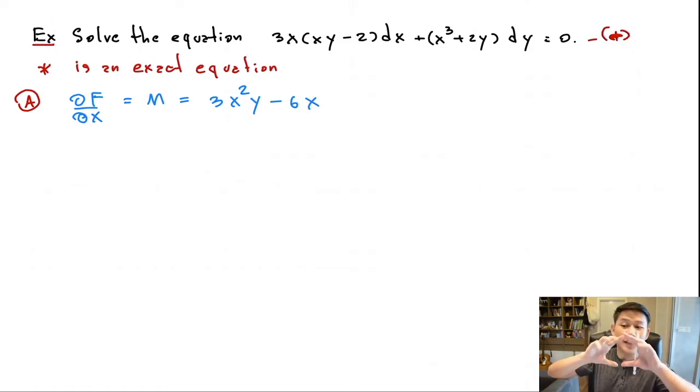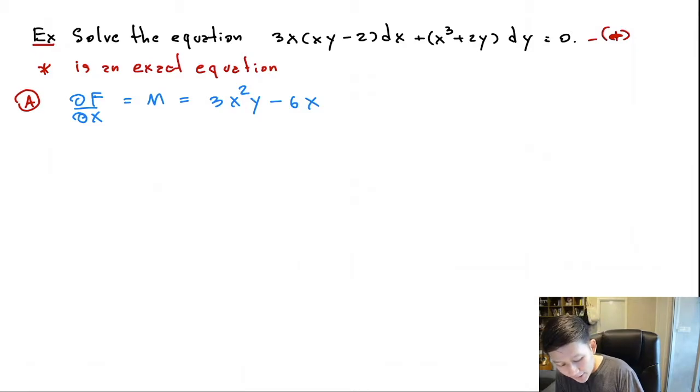First, integrate. Second, differentiate. Third, compare. First, integrate. So I'm going to integrate this by x. So I have f equals the integral of M(x, y) dx plus g(y).